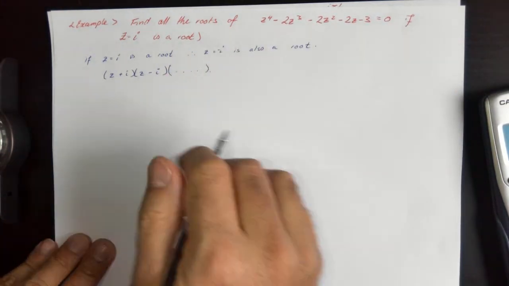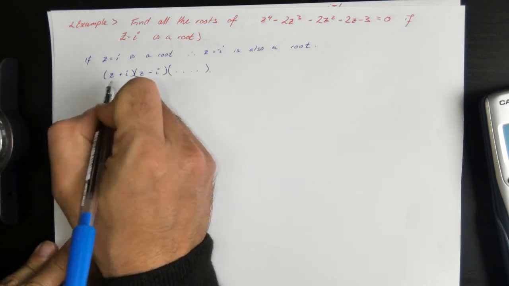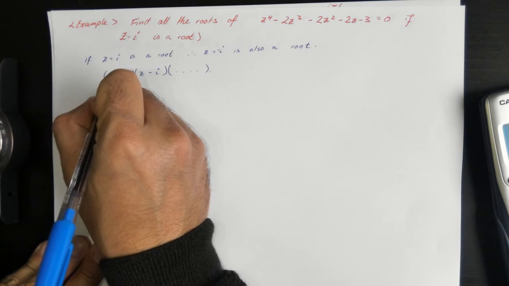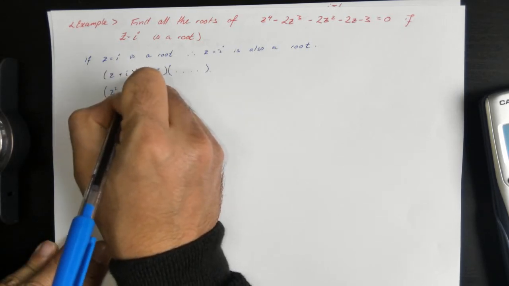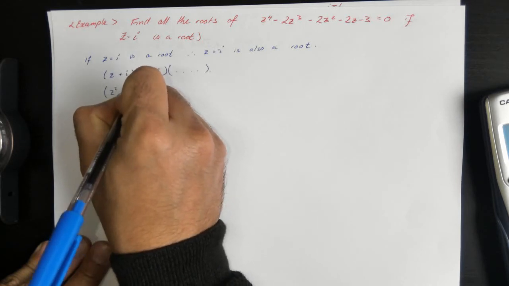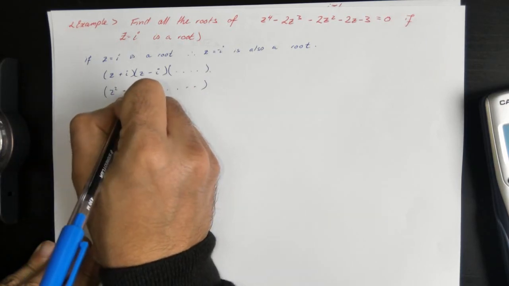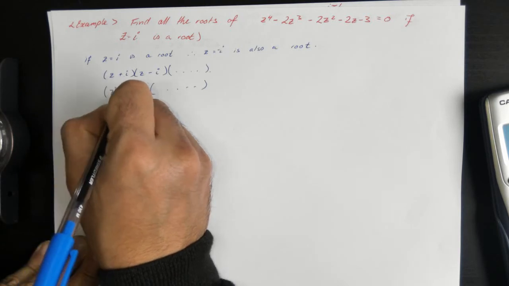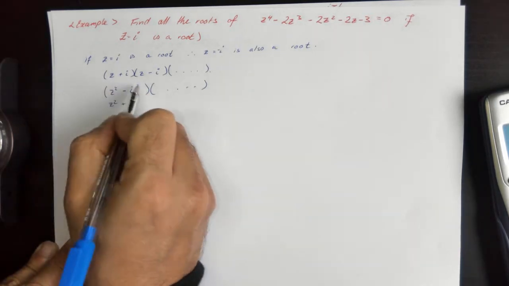So if I just combine that together, I'm going to get z squared minus i, but that cancels out, minus i squared, which is going to be negative 1. So it's going to be times a negative, so it ends up being z squared plus 1, that part there.